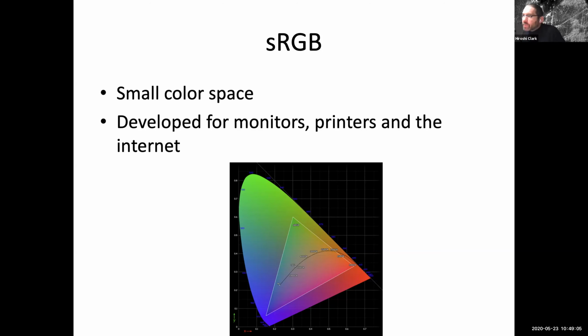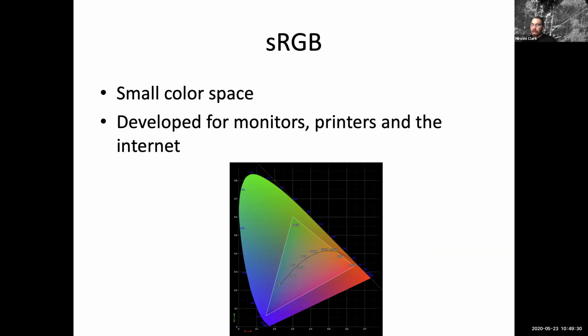You can see, in the whole spectrum of colors, where the sRGB colors lie. Everybody see this triangle right here? That's about the size of the sRGB color space. Again, this is the color space that we use. It's still an RGB color space, a red, green, blue color space, and it's what we use mostly.